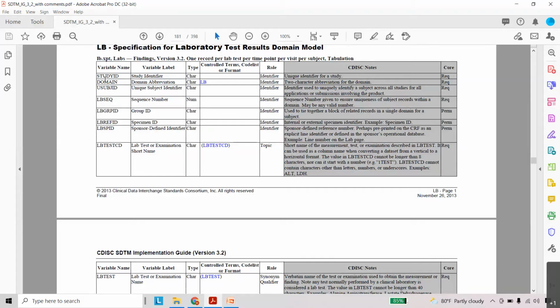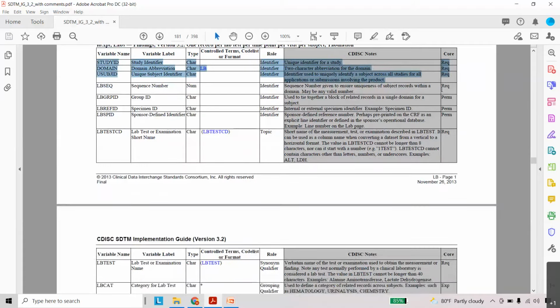The first few variables are very important, that is the required variables: study ID, domain, unique subject ID. Without these, the data set is incomplete for the particular study. Coming to the laboratory sequence number, we are just adding LB to the sequence number, so it is called LB sequence.